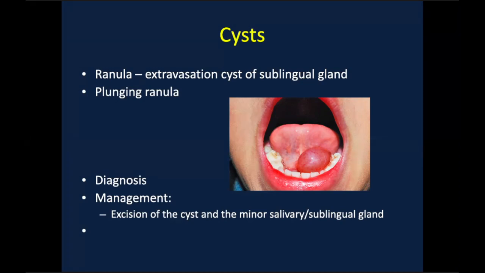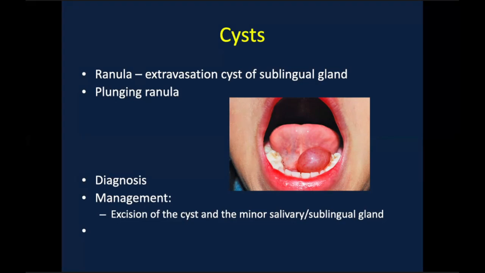Certain ranulas, certain cysts extend partly inside the mouth, in the floor of the mouth, and a part of it extends into the neck. So it's like a dumbbell, like an hourglass shape. Half of it is inside the mouth, half of it is in the neck, in the submandibular space, right? So that kind of a ranula is called a plunging ranula. Okay, that's a clinical diagnosis.